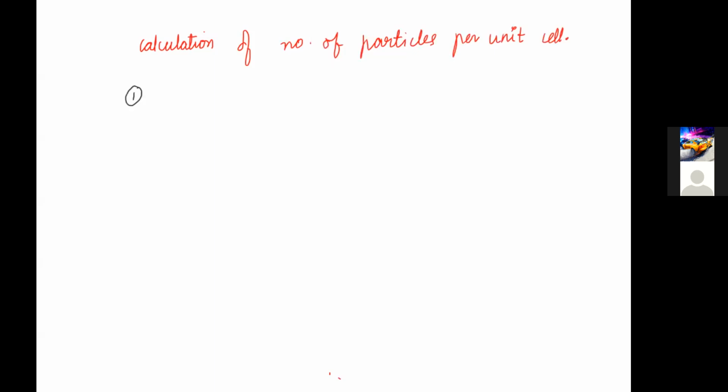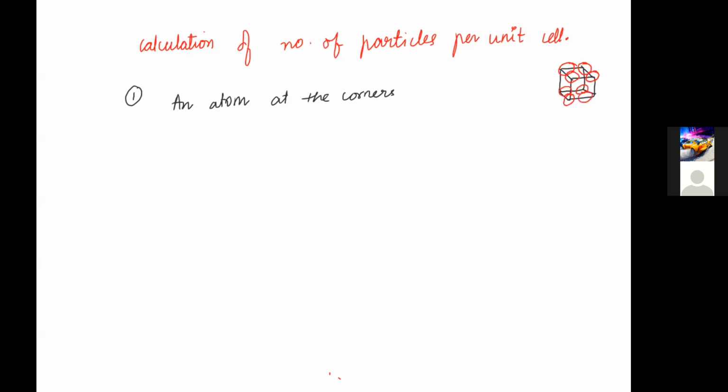First point: an atom at the corners. That means if you have a cubic unit cell, and there is an atom here, an atom here, an atom here, and an atom here, similarly an atom here, here, here, and here.